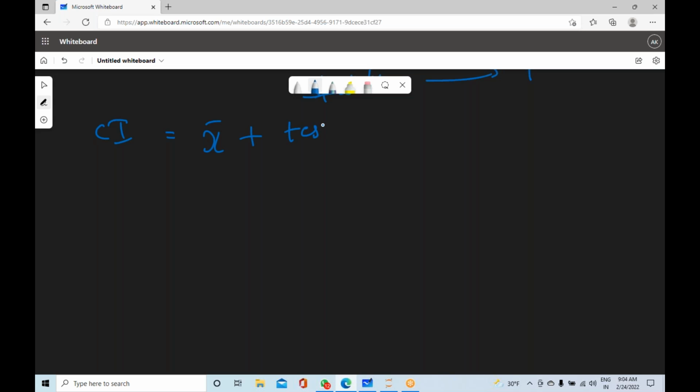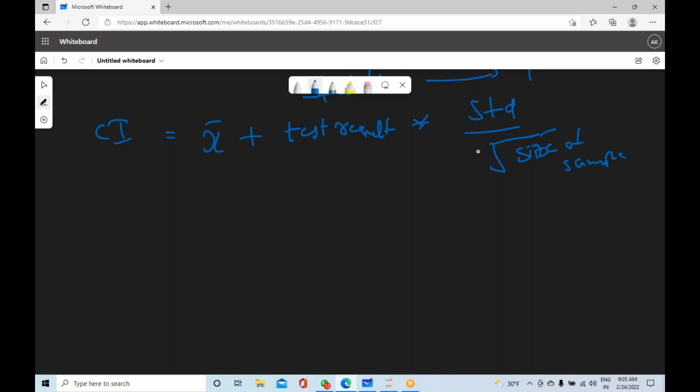It can be a one sample test or a two sample test. The test result is multiplied by the standard deviation divided by the square root of the size of the sample.